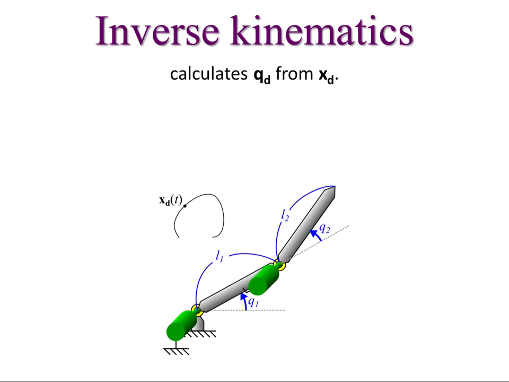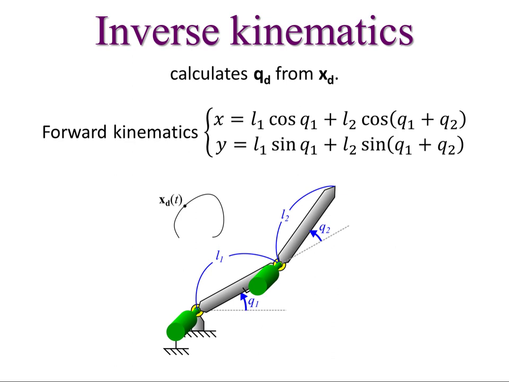First, let's calculate the joint angle qd that achieves the desired hand position xd by inverse kinematics. To find the inverse kinematics, let's first calculate the forward kinematics that describes the relationship between joint angle and hand position.